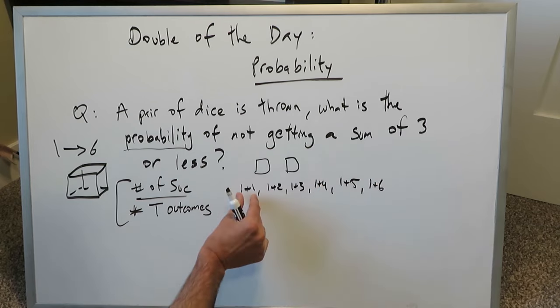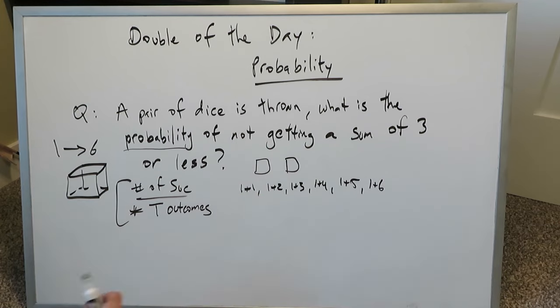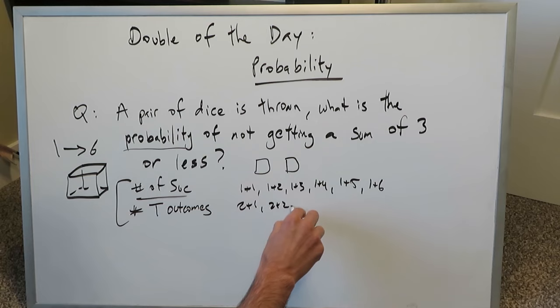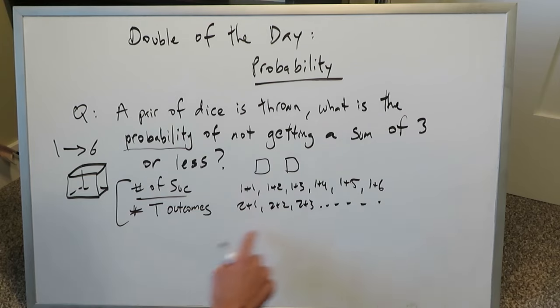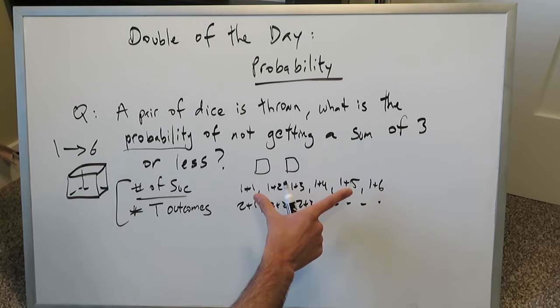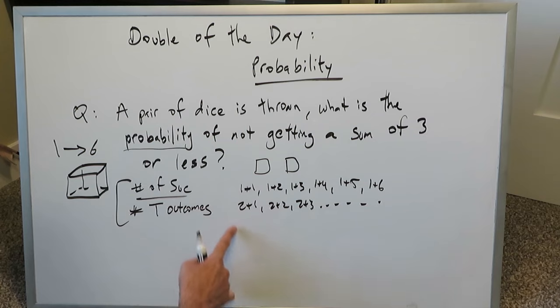The plus means you're adding the 2 die results. In the next round you can have 2 plus 1, 2 plus 2, 2 plus 3, and you can go onwards, then 3, 4, 5, 6. In each row you have 6 outcomes, and you have 6 rows, so the total outcomes will be 6 times 6, which is 36.